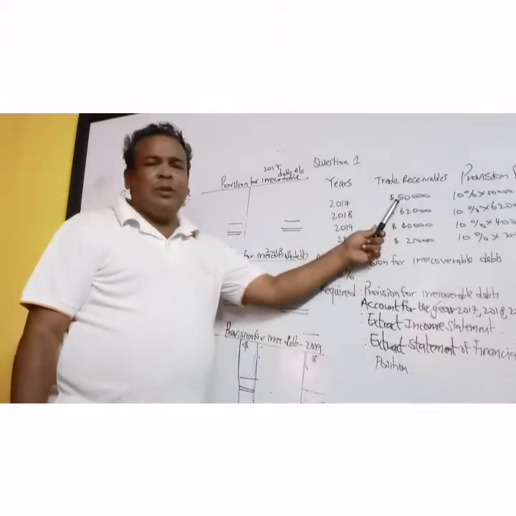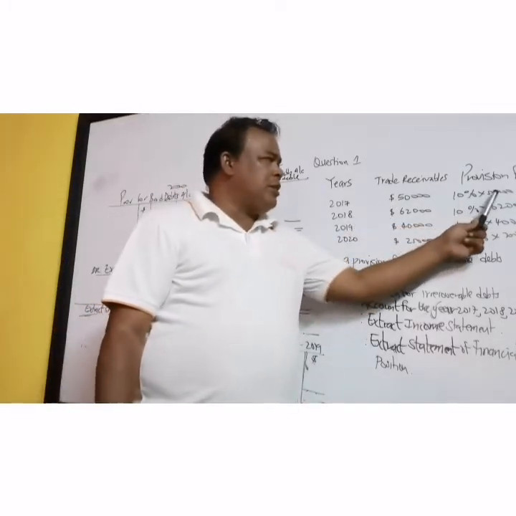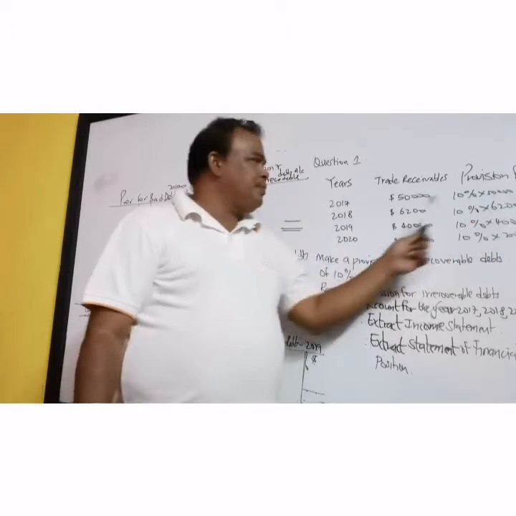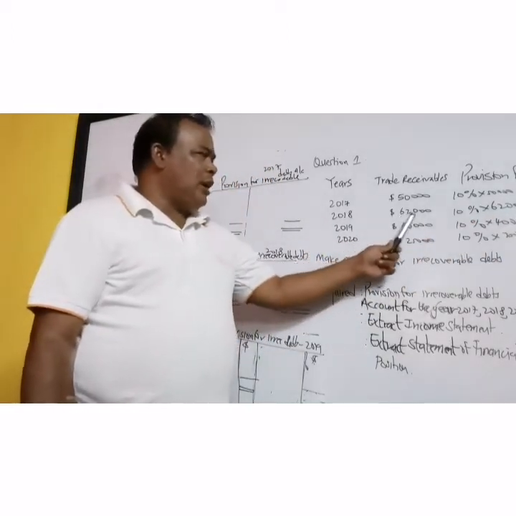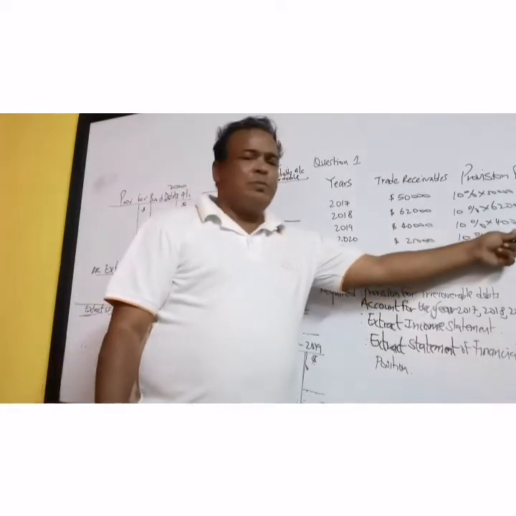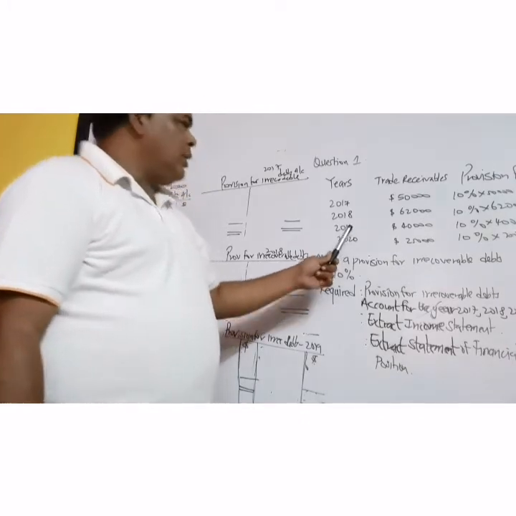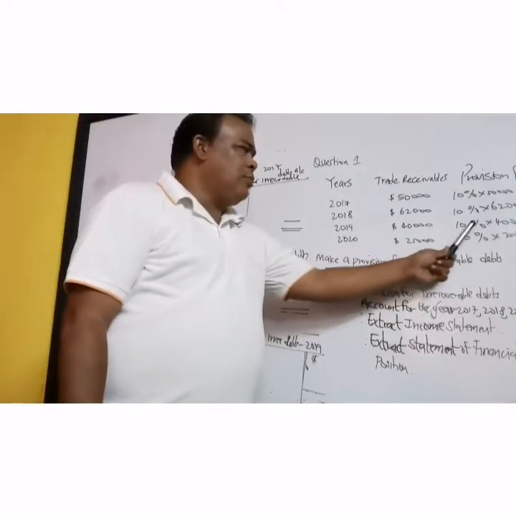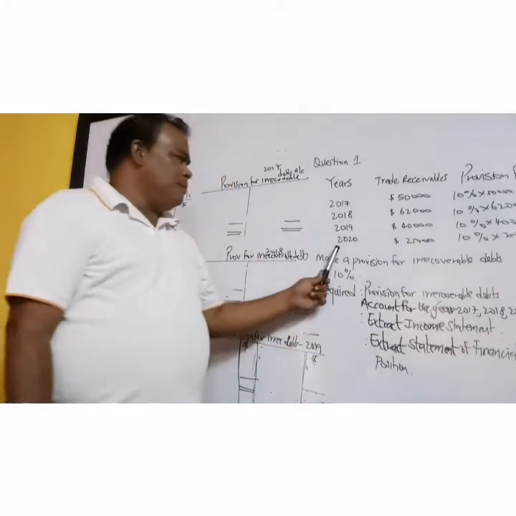In 2017, the trade receivable is 50,000, therefore the provision will be 10% of 50,000, 5,000. For 2018, 62,000, the provision will be 10% of 62,000. In 2019, 40,000, provision 10% of 40,000, 4,000.